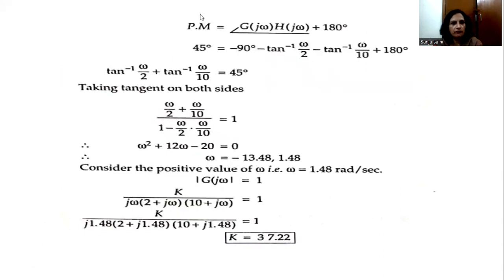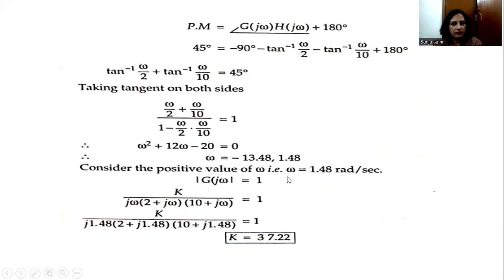Similarly, the second portion of the question is where phase margin is given, and corresponding to this phase margin, we get the value of frequency at this. When we solve this equation, we are getting two values of the frequency. First is the negative one, and second is the positive one.